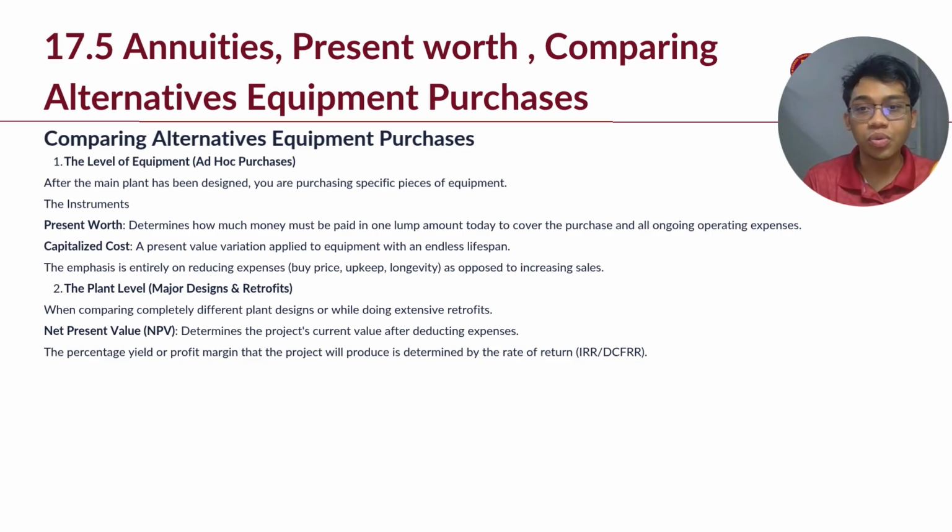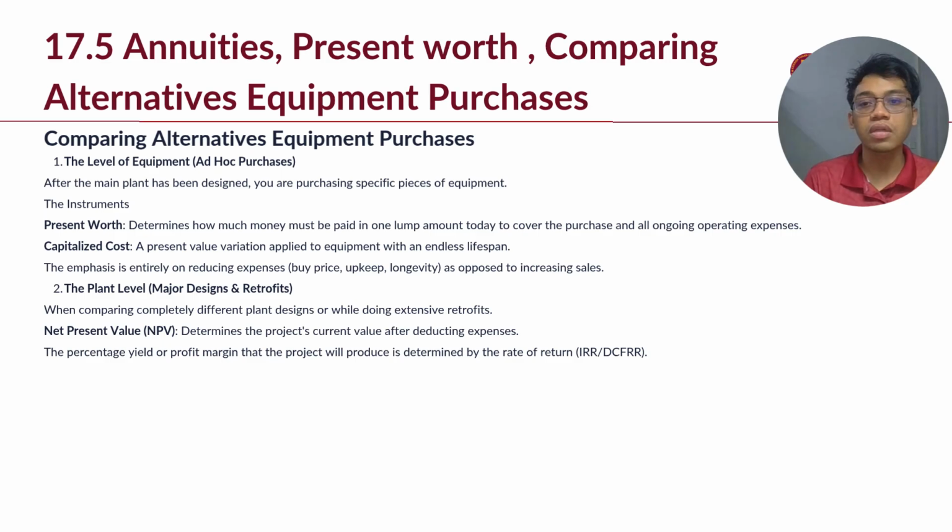So next we move to comparing alternative equipment purchases. First of all, we move to the level of equipment. After the main plan has been designed, you are purchasing a specific piece of equipment and instrument.